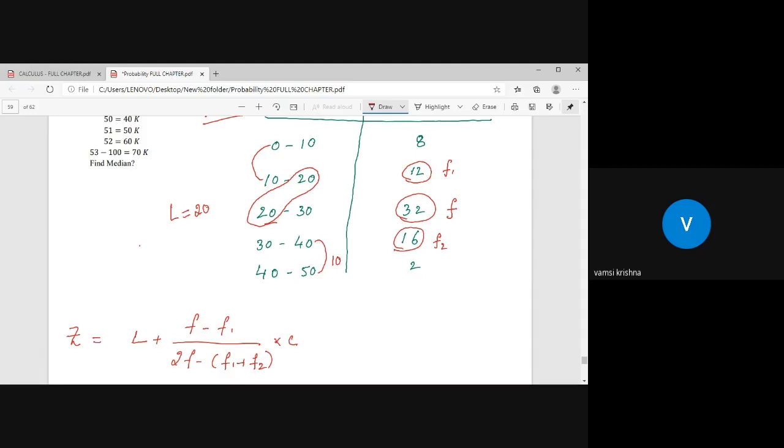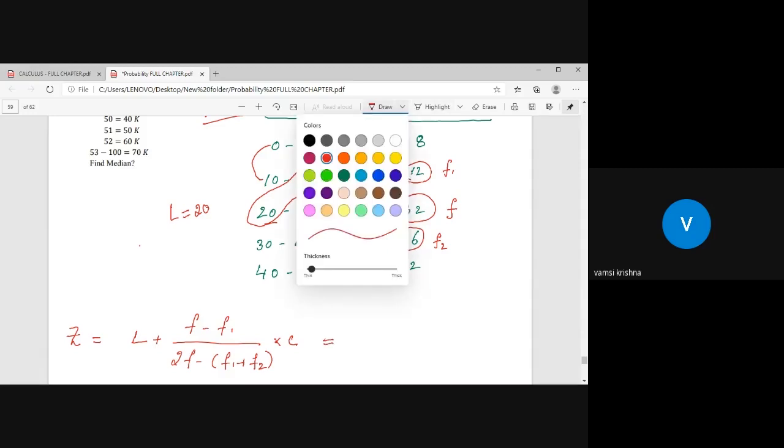You can take the class interval from anywhere. So I hope now everything is ready. I have no need to find the sum of frequencies also. Now let me proceed to the formula. I want to substitute the values in our mode.